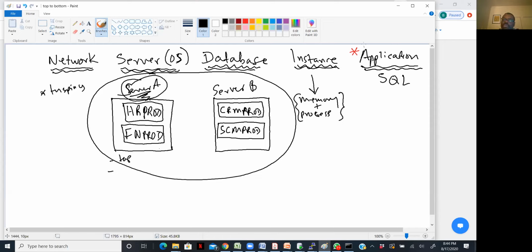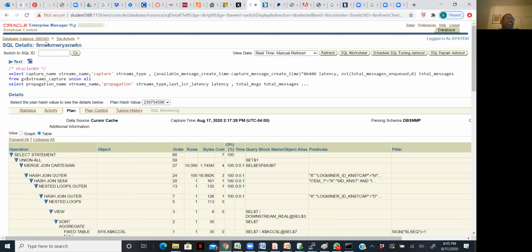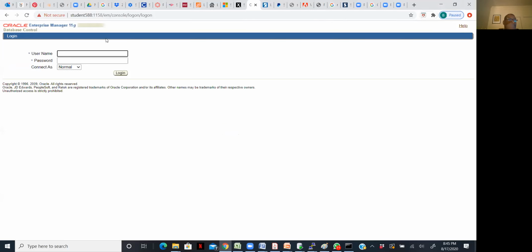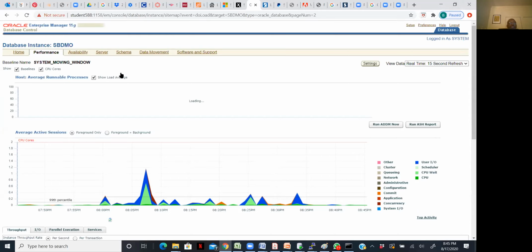All right, when you go to application tuning, which I said is about 80% of the tuning, you start being interested in things like your AWR, your ASH, you start looking for different metrics.